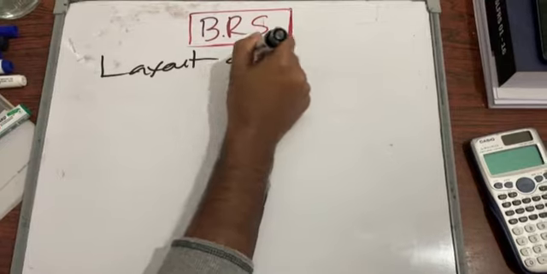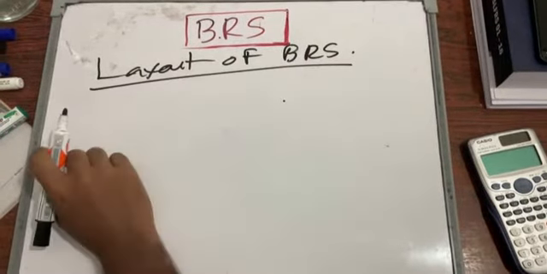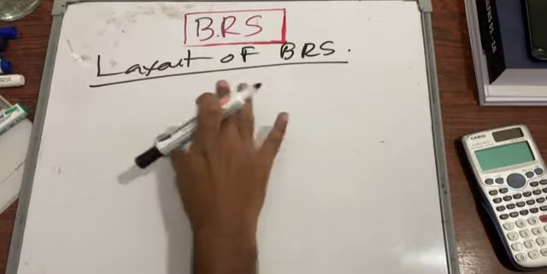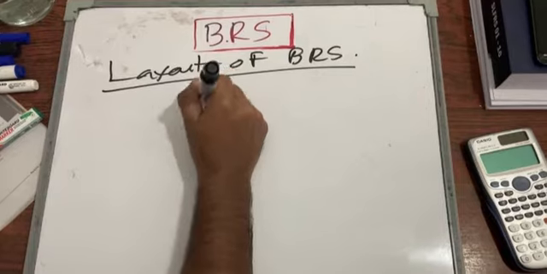Now we'll move to the final heading, the layout of the bank reconciliation statement. For example, I'll take Vivid Future.